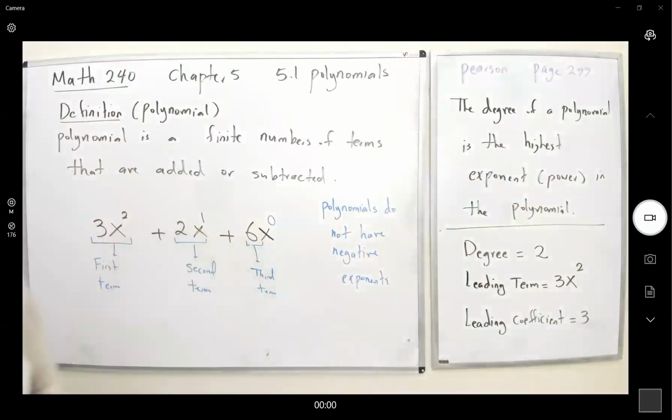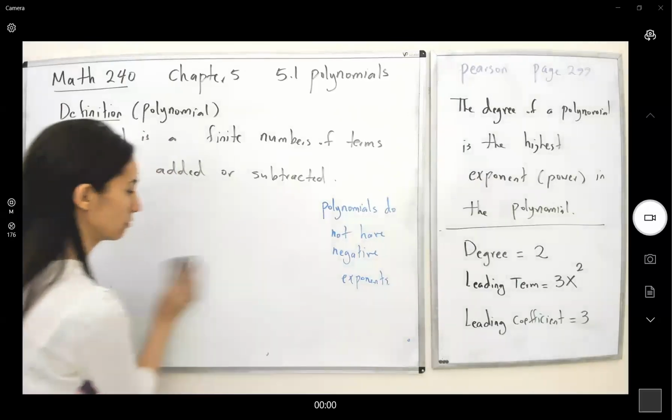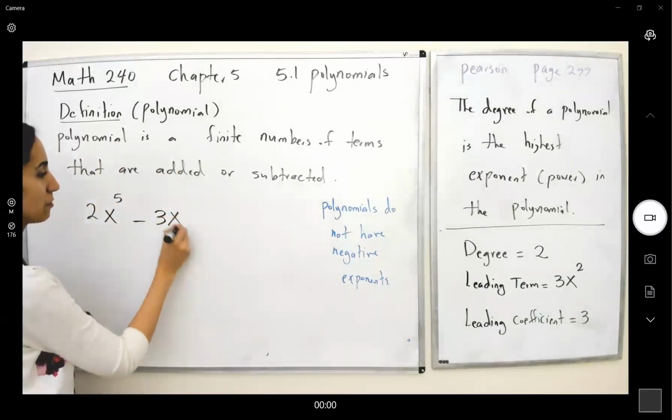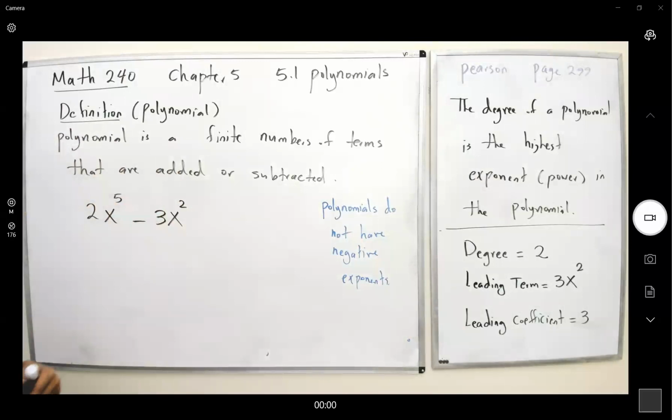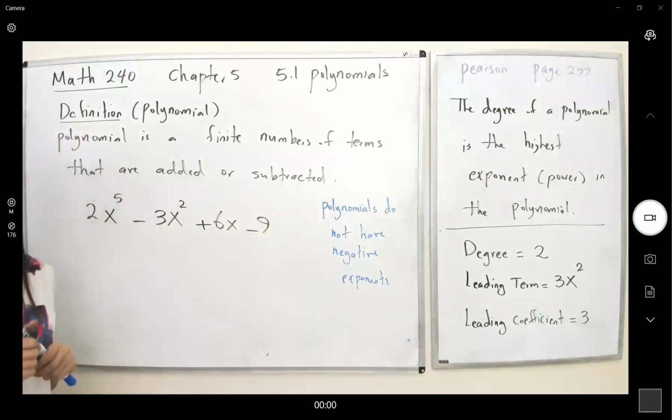Let's take a look at another polynomial. 2x to the fifth minus 3x squared plus 6x minus 9.